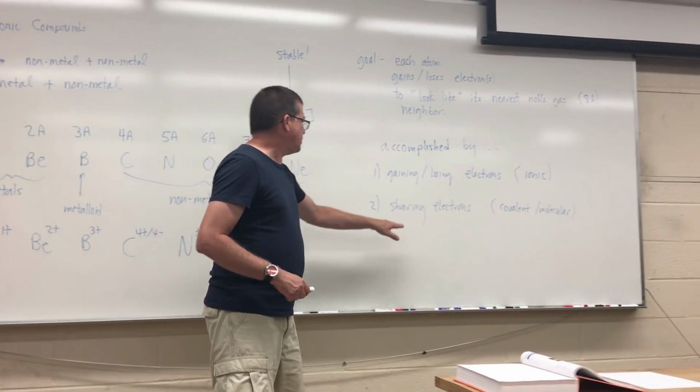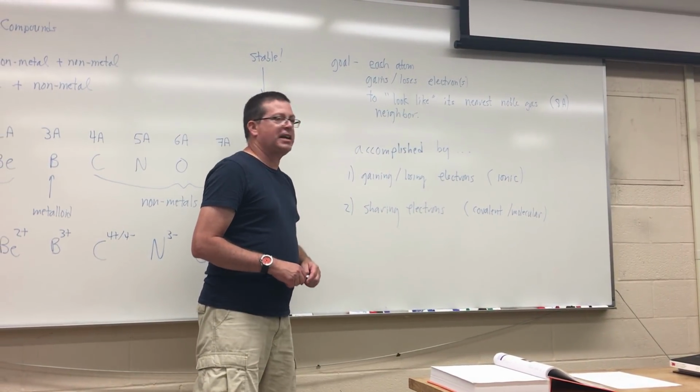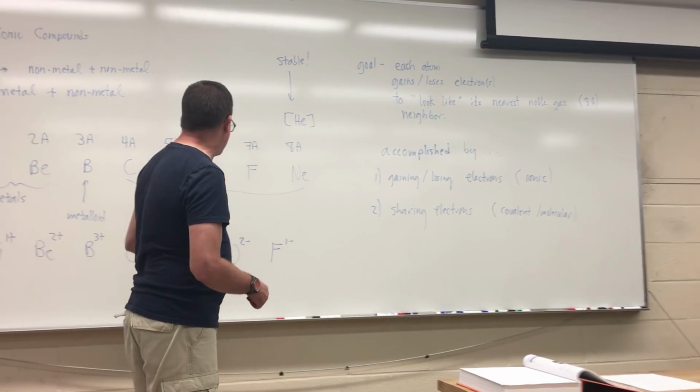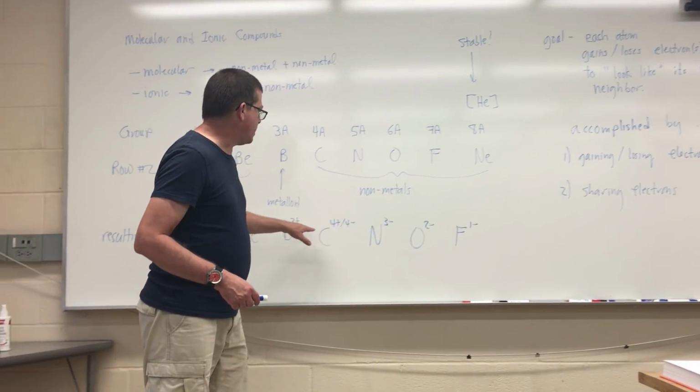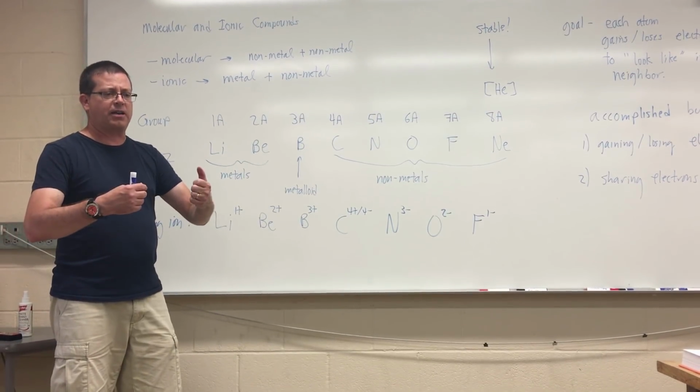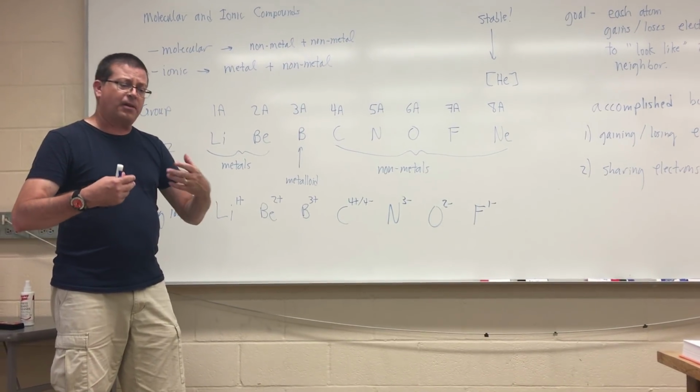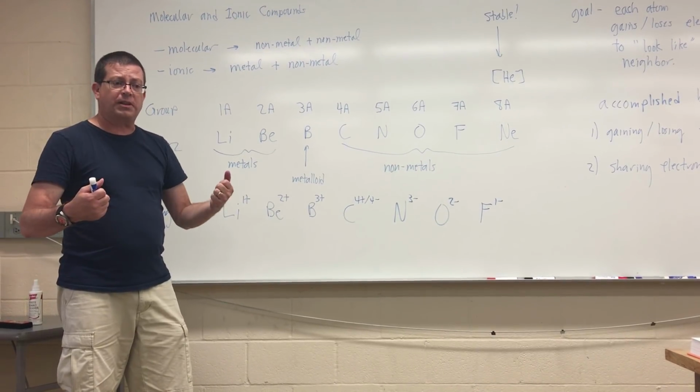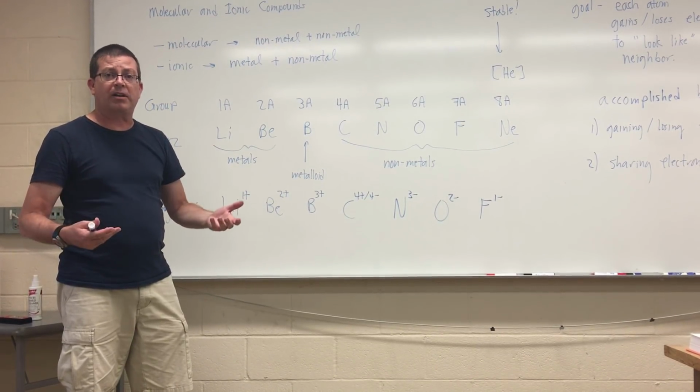The other option is for sharing of electrons to take place. So in this situation, I have 2 nonmetals here, and these 2 nonmetal atoms may come together, and neither one has enough of a desire to steal electrons from the other, so they're better off by sharing electrons.